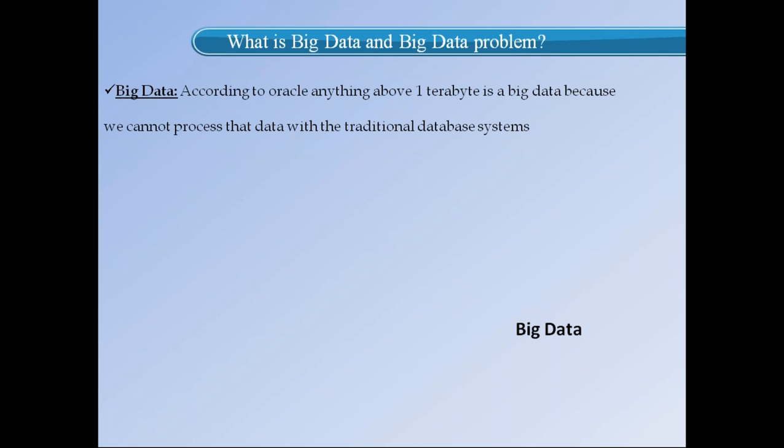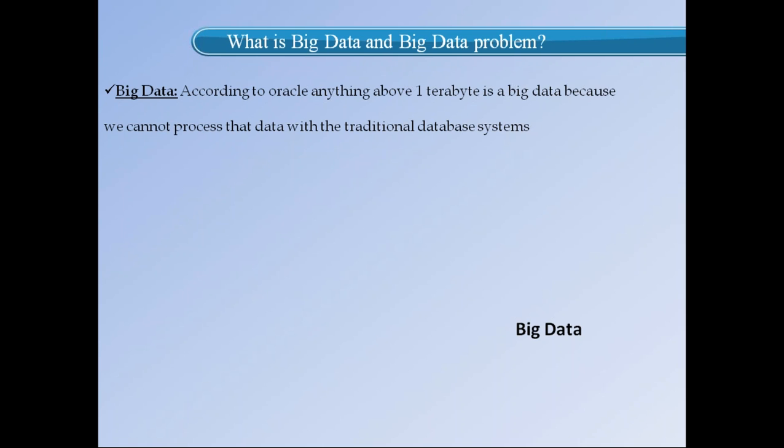As you know, Oracle, RDBMS, SQL, MS SQL, these are the relational database systems. They have limitations. If you want to process any data, it should be under 1 terabyte. We can't process data which is more than a terabyte. So it becomes a limitation for the traditional database system.